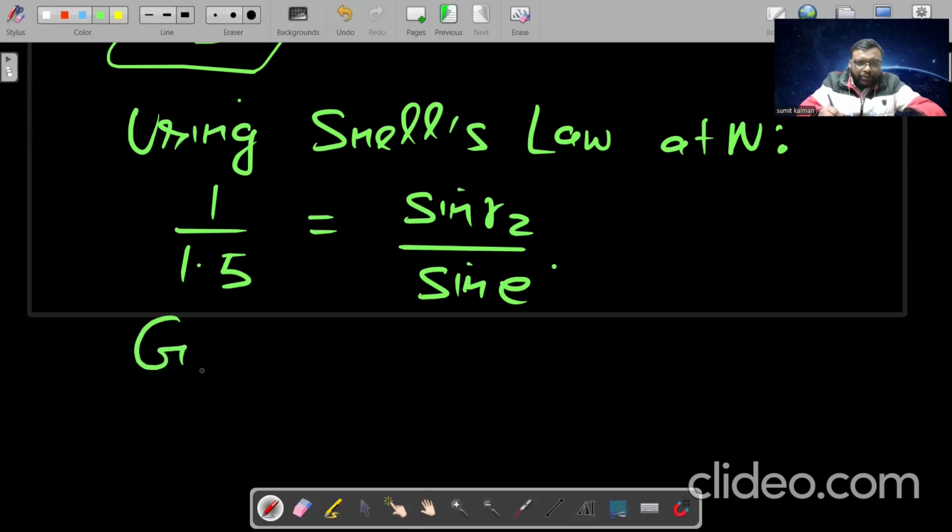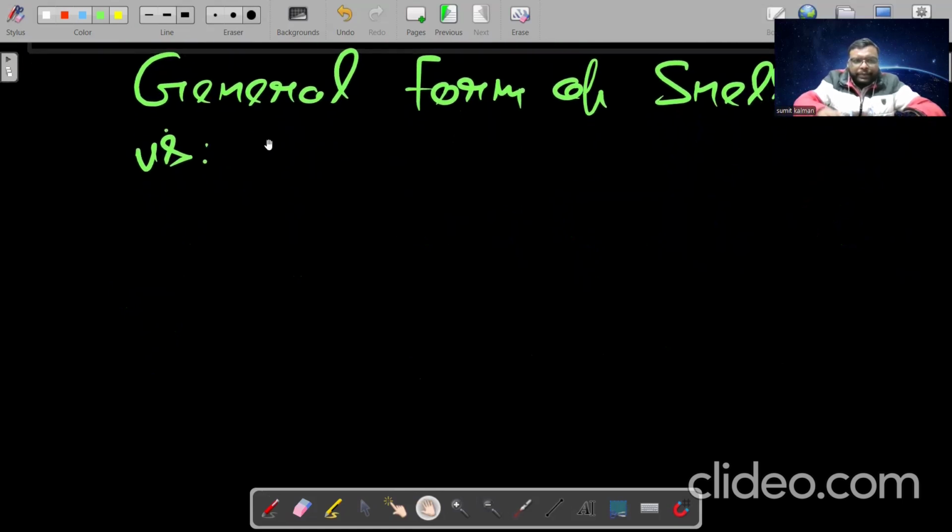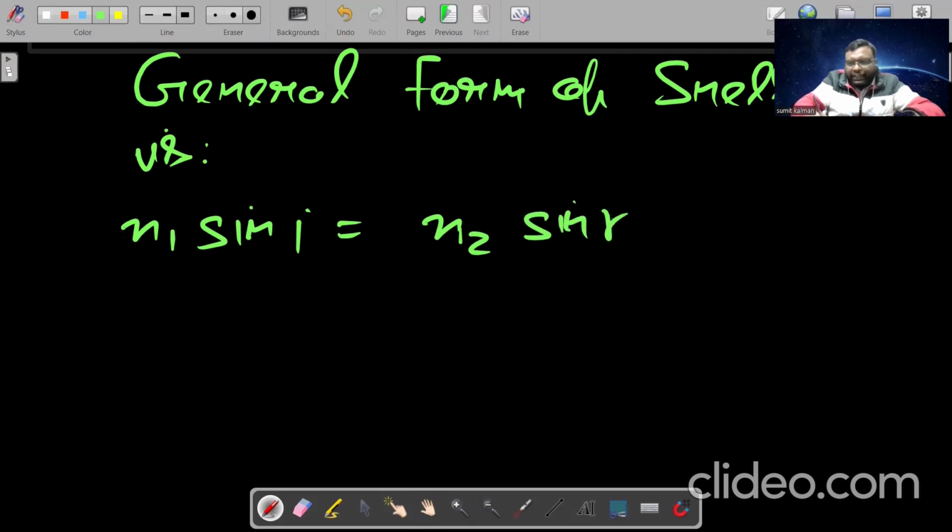Students, the general form of Snell's law is n1 into sine of angle of incidence is equal to n2 into sine of angle of refraction.